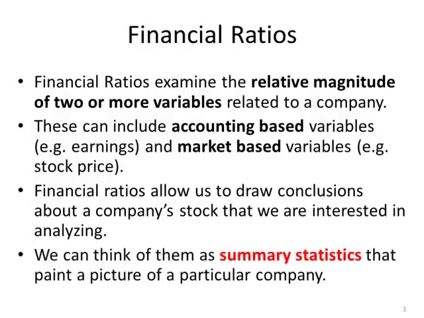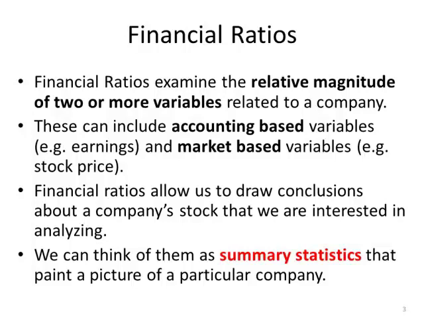We can think of financial ratios as summary statistics that paint a picture of a particular company. Therefore, the purpose of financial ratios is to understand more about the company that we are analyzing, right? How well is this company actually performing? A lot of these financial ratios will help us to do that.